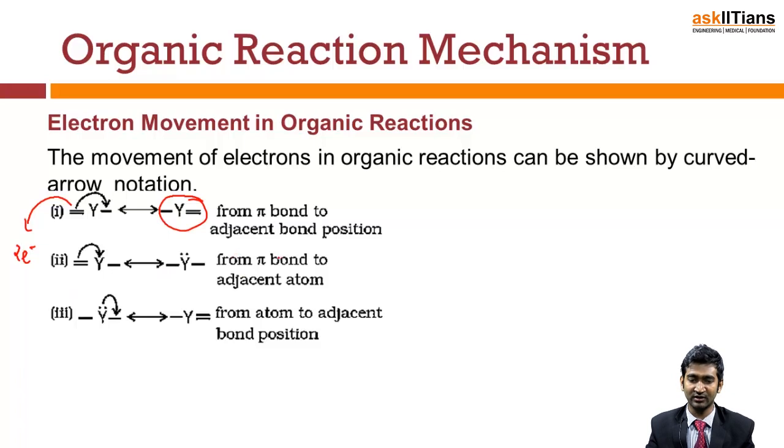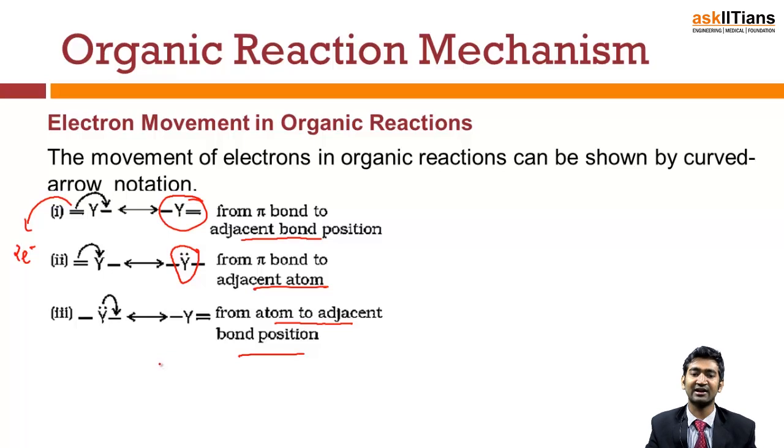Similarly, from pi to the adjacent atom, the movement is not to the adjacent bond as earlier, but to the adjacent atom. So Y will get those two electrons. And from an atom to the adjacent bond position, I can get double bond formation this way.